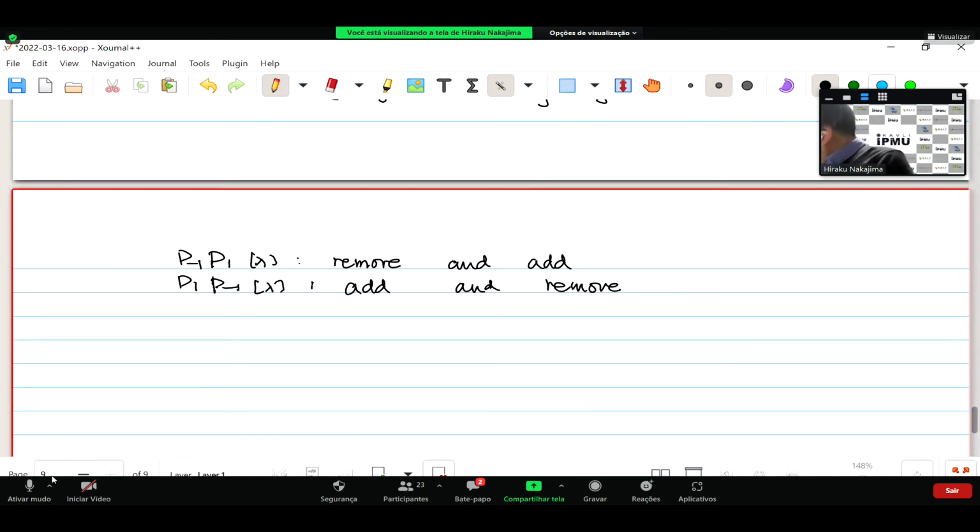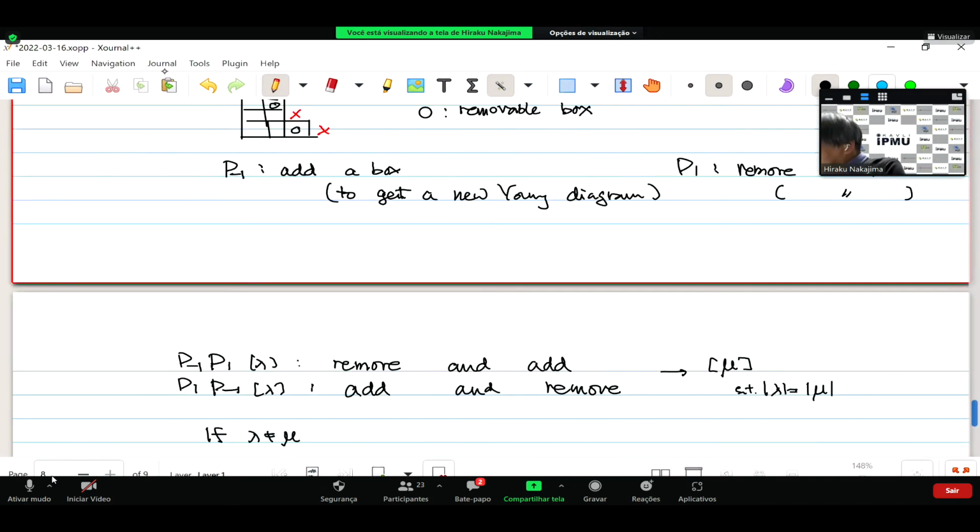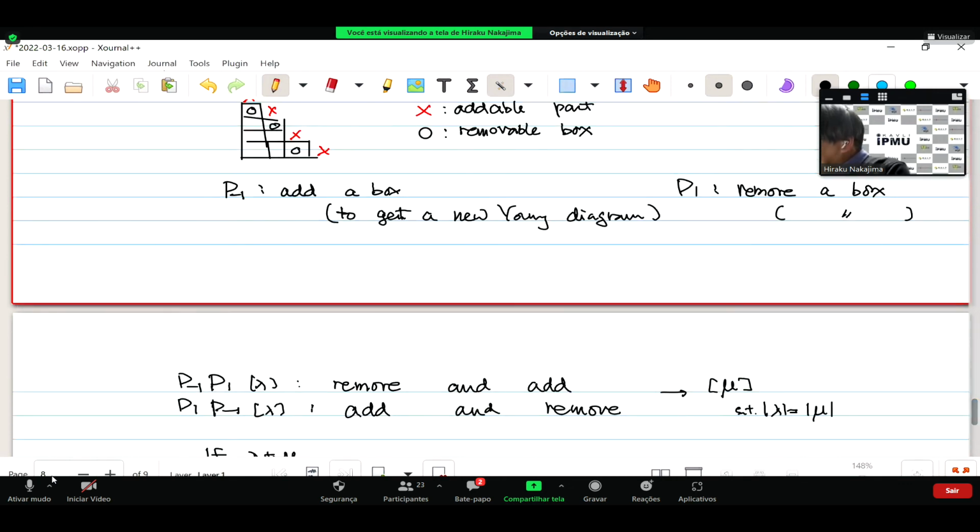But if so you get some mu, and because you add one box and you remove one box, the total number of boxes is the same. If lambda and mu are different, so for example, first you add this cross, and then you remove that box like that, so you get a different diagram.